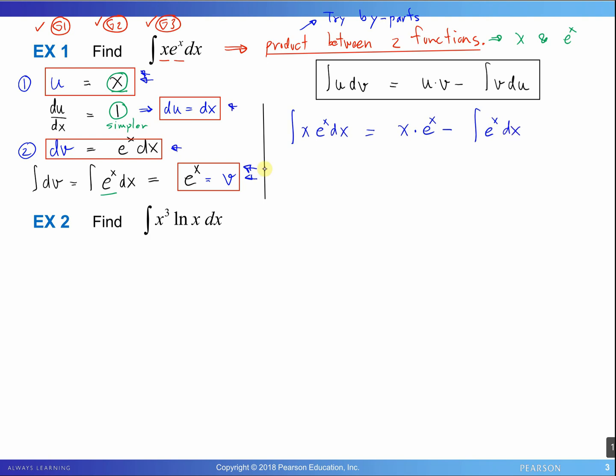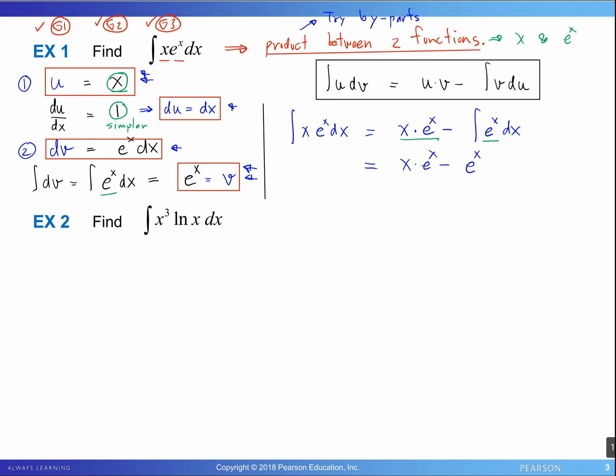Now it's going to be equal to, the first term stays the same. So we have x times e to the power of x, minus, now we find the antiderivative of e to the power of x, right here. And we know that it stays the same, same e to the power of x.